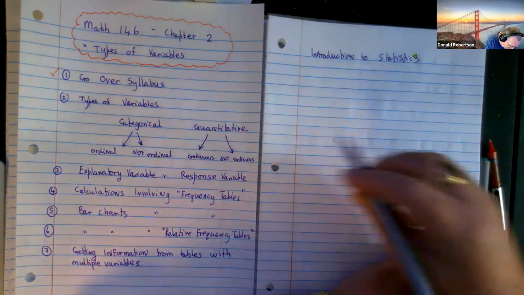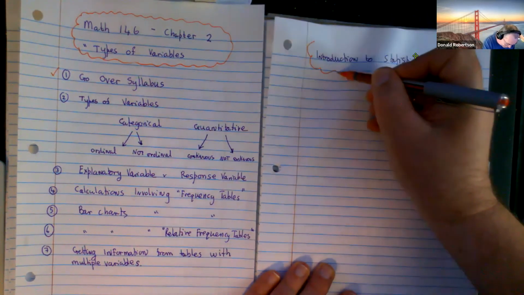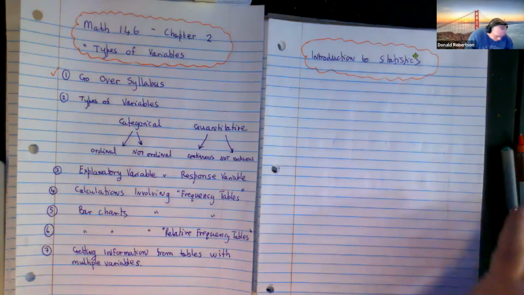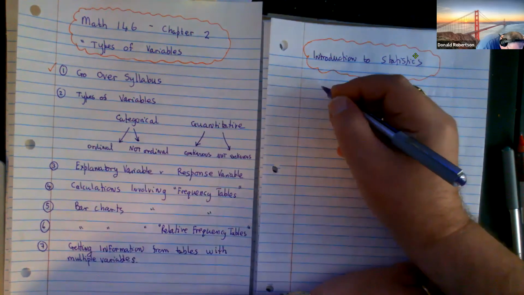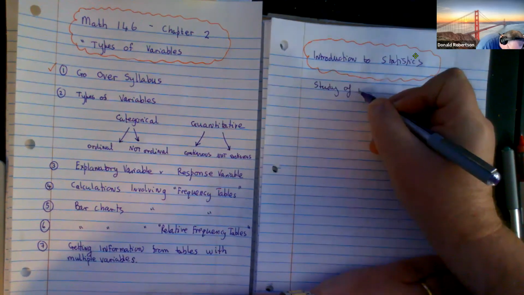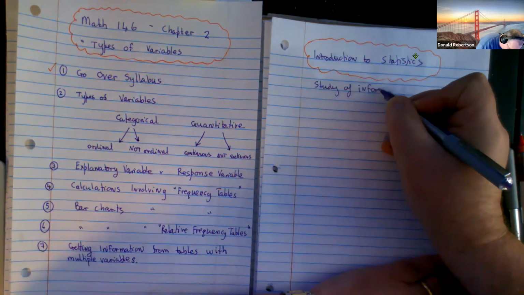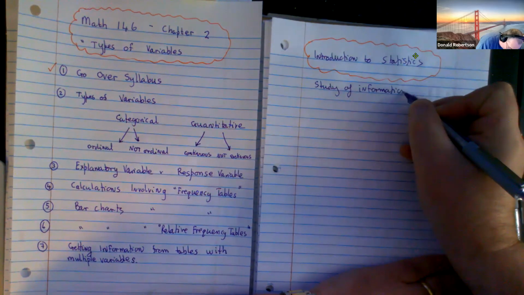Well, someone asked you, what is statistics? What does the branch of mathematics called statistics do? Well, I would describe it as the study of information. And in statistics, we call information data.